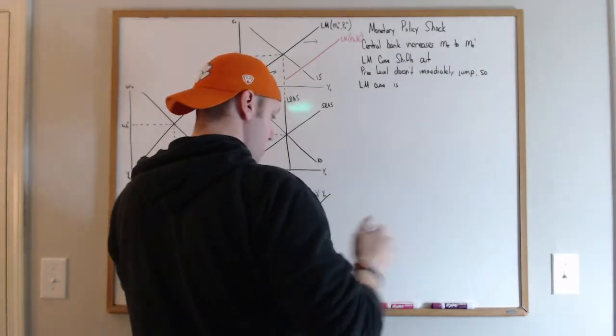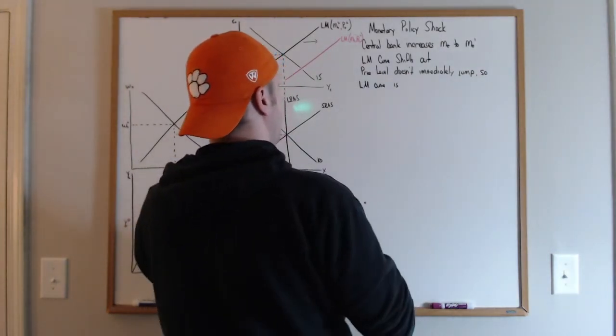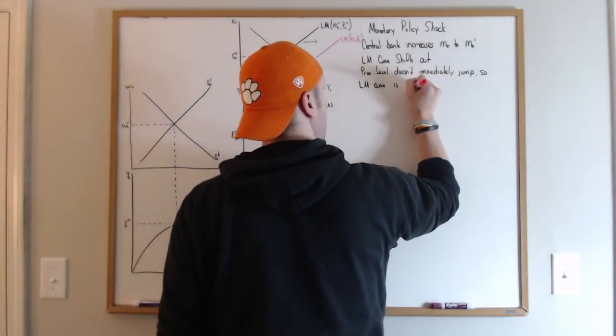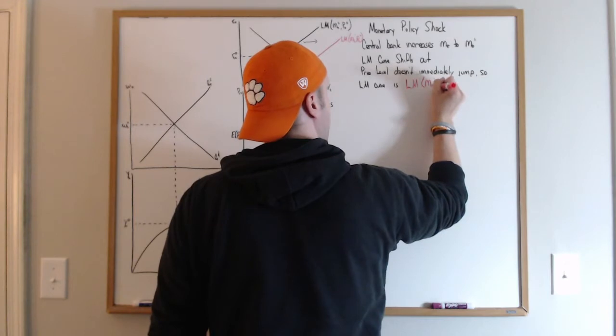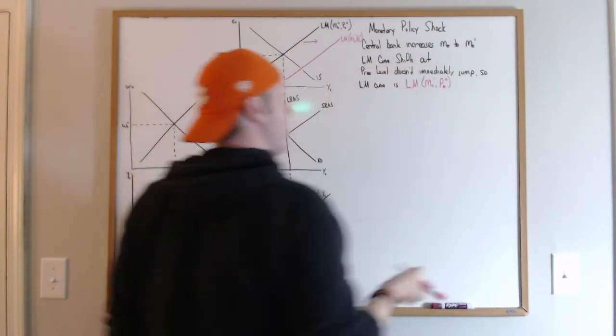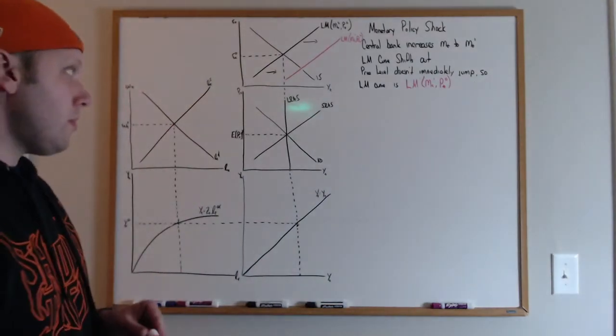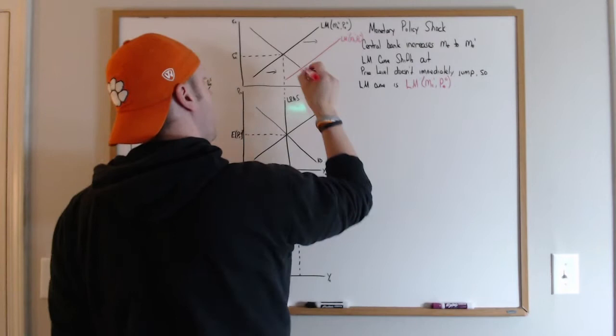So because the price level doesn't immediately respond, the LM curve that is in pink is, call it LM prime of MT prime, PT 0. All right, so far, nothing is really all that different.